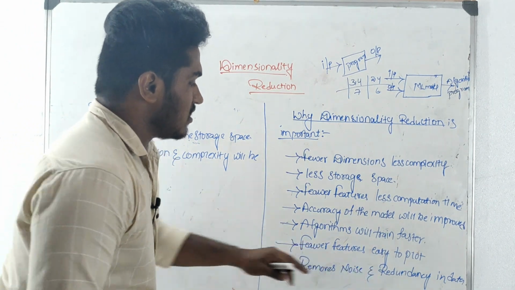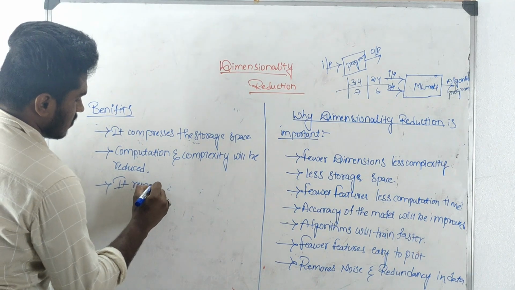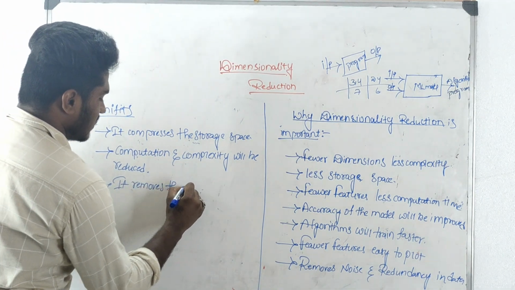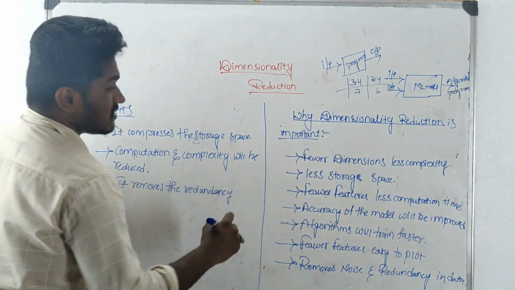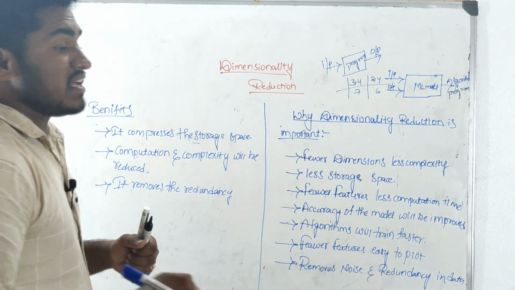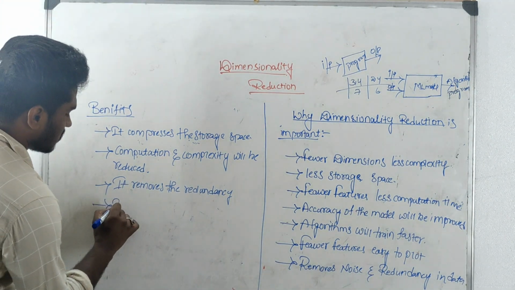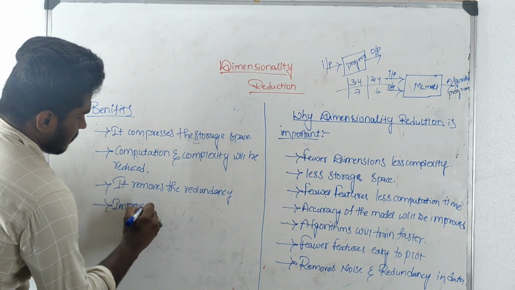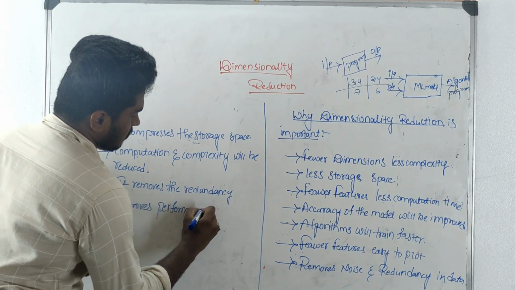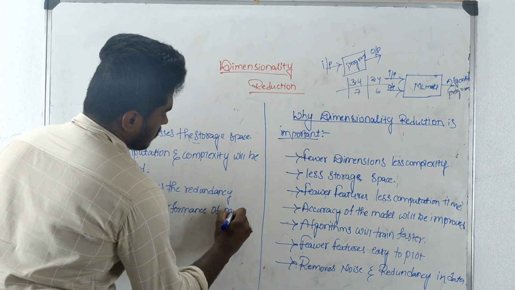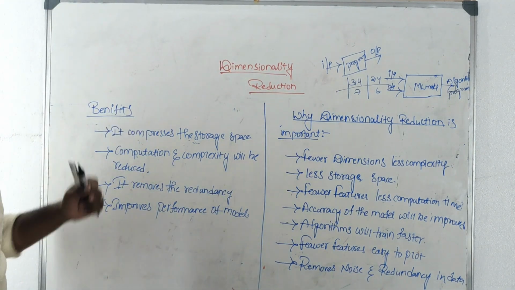Here itself I mentioned it removes the redundancy. Redundancy is nothing but the repetition of data, and then it improves the performance of the model. So these are some of the benefits of dimensionality reduction.